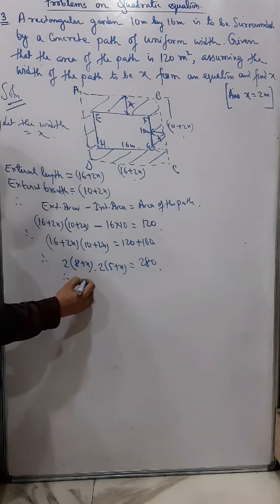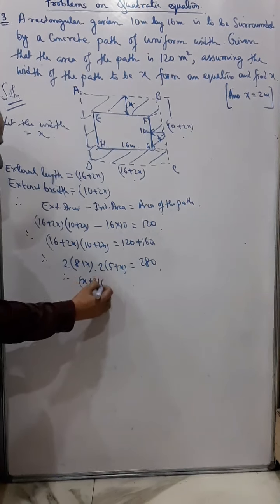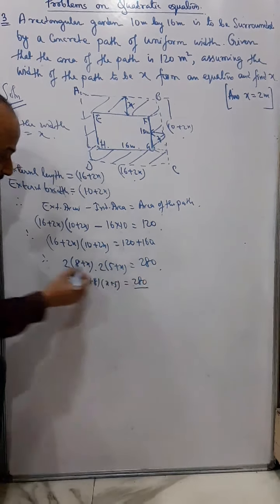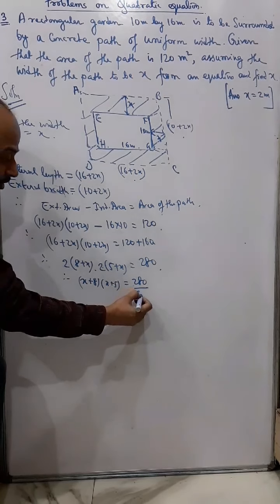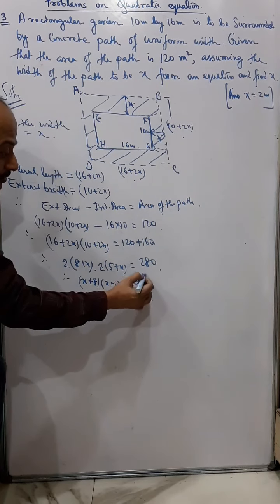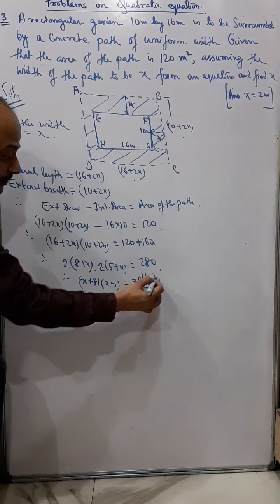And then you can say it is x plus 8 and x plus 5 equals to 280 by this 2 into 2 will come down here. 2 into 2, you get 140 and then you get 70.